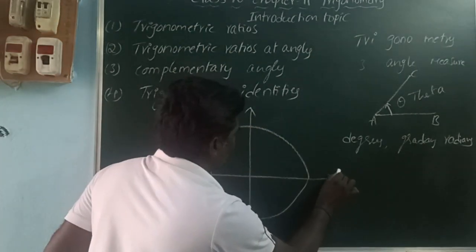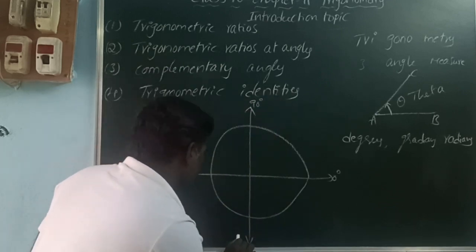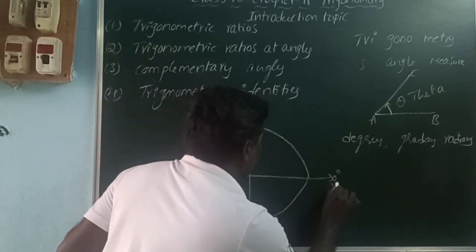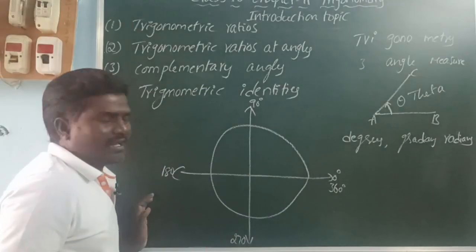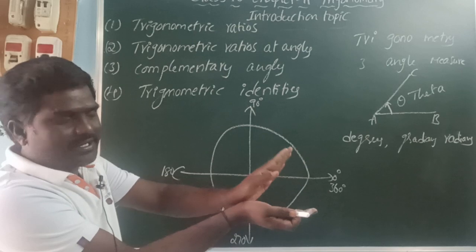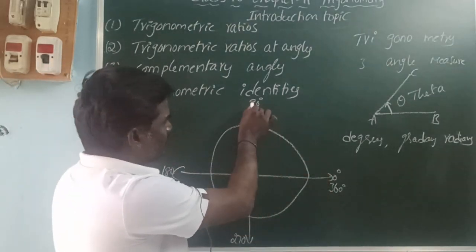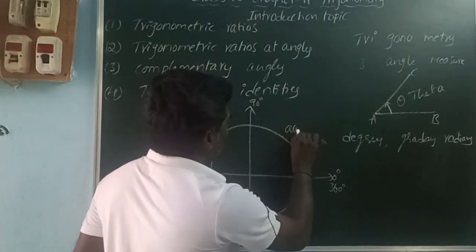So 0 degrees, 90 degrees, 180 degrees, 270, 360 degrees. The angle is 0 degrees means the line segment is not moving at one point. That is called zero angle. The angle above 0 and below 90 is called acute angle.